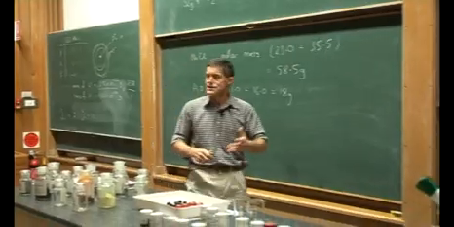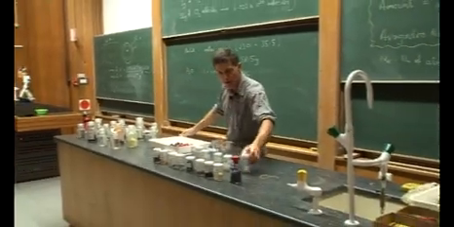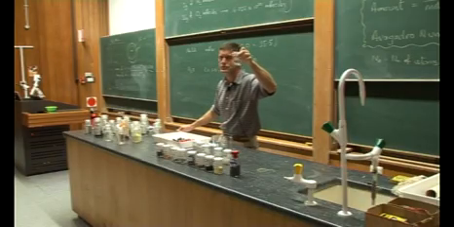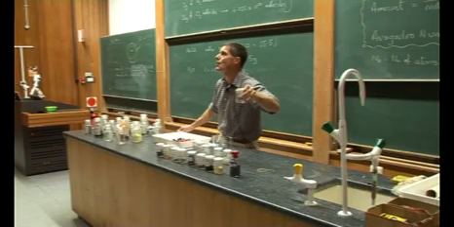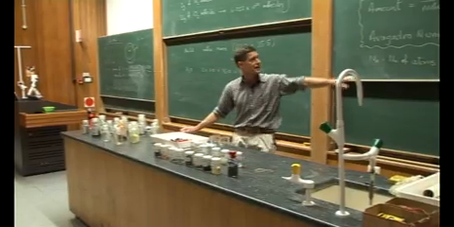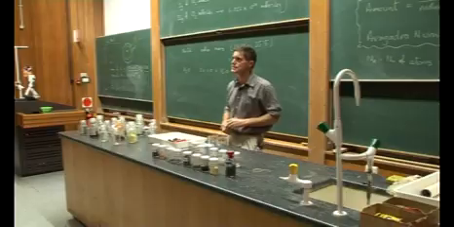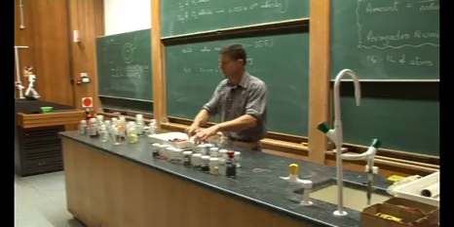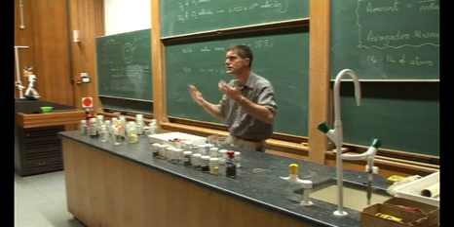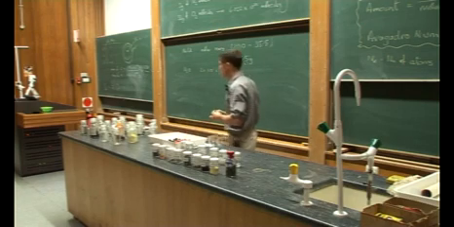Assuming the density is 1 gram per milliliter, then 18 milliliters of water represents exactly 1 mole of water, and as a consequence has 6.022 times 10 to the 23 molecules of water present. And we can do this for any material.